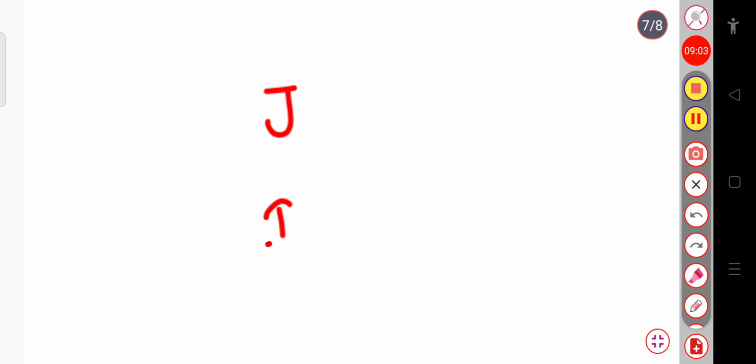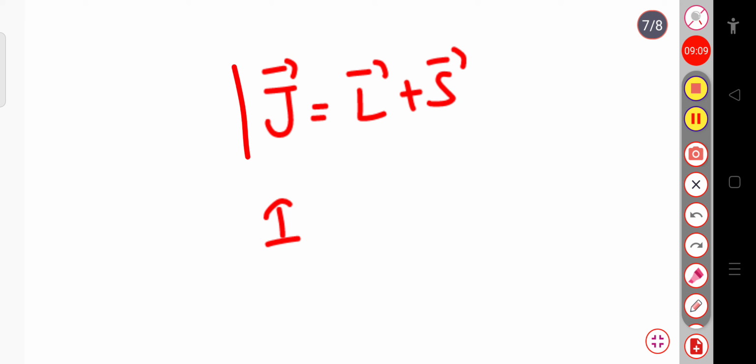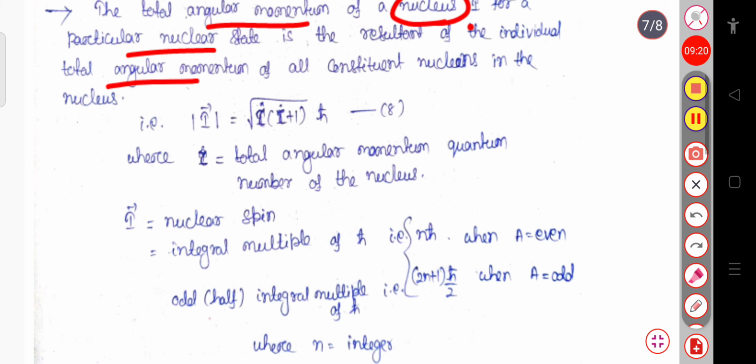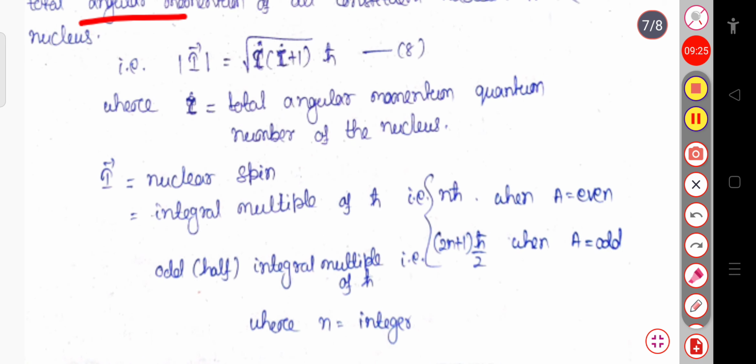This j is nothing but the vector sum of L and S, and j represents the total angular momentum of the nucleon, whereas this I represents the total angular momentum of the nucleus. The magnitude of this I will be root over I into (I plus 1) times h cut. Here small I is the total angular momentum quantum number of the nucleus.